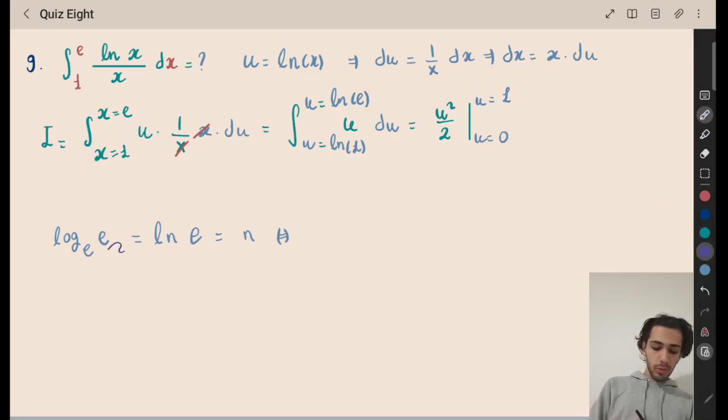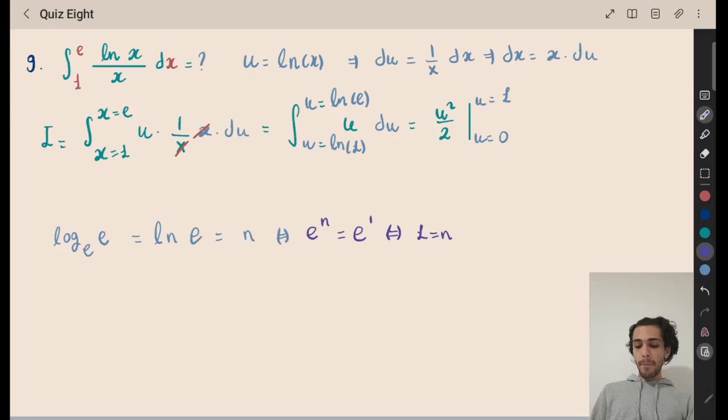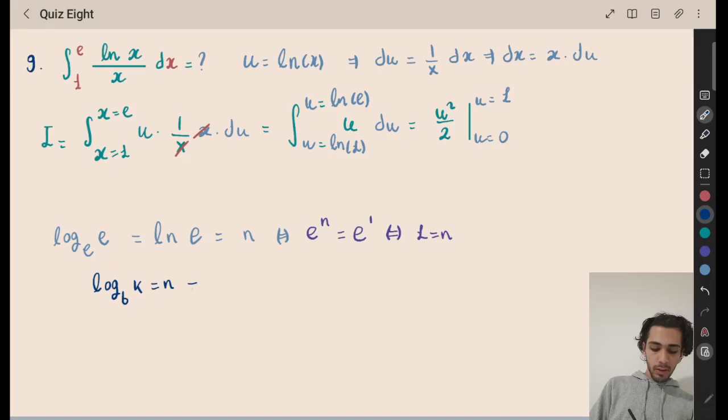So this is equivalent to saying that e to the power of n is equal to e. So e to the power of n is equal to e to the power of 1, then probably 1 is equal to n. So that is why it works. More generally, the definition goes as follows: the log base b of k is equal to n is equivalent to saying that b to the n is equal to k.